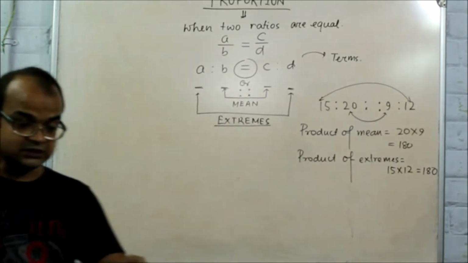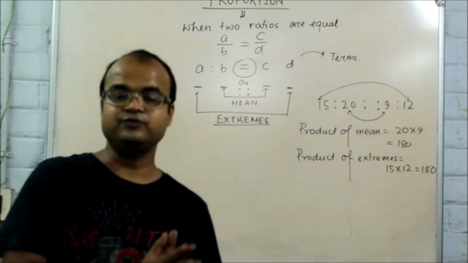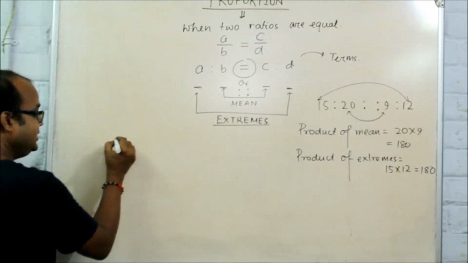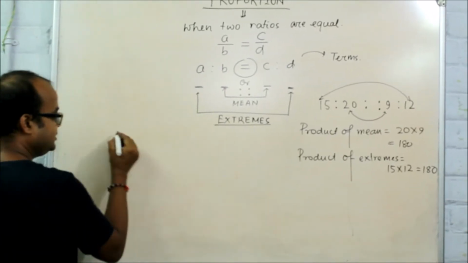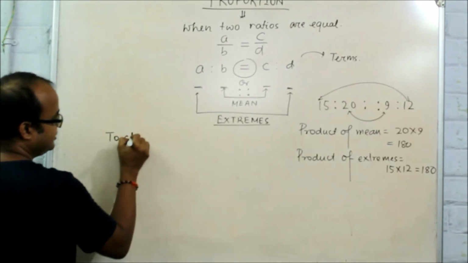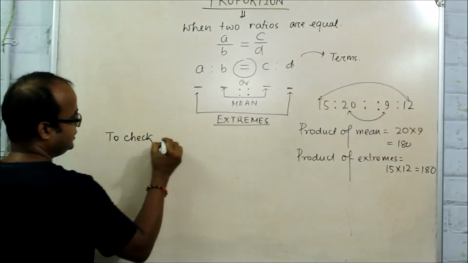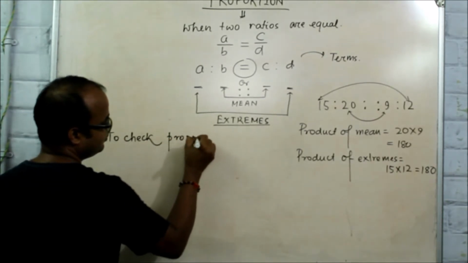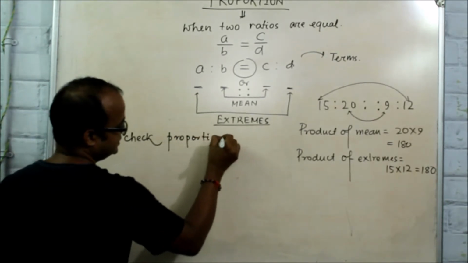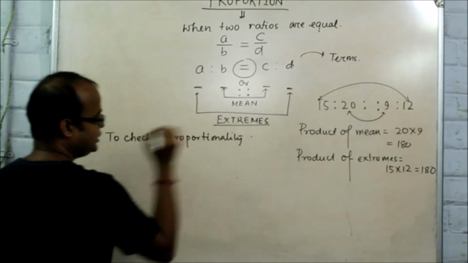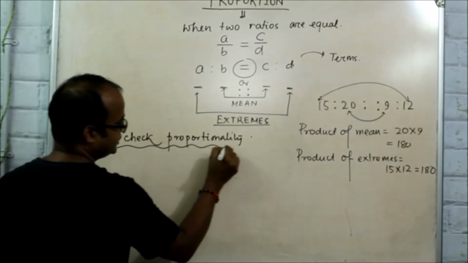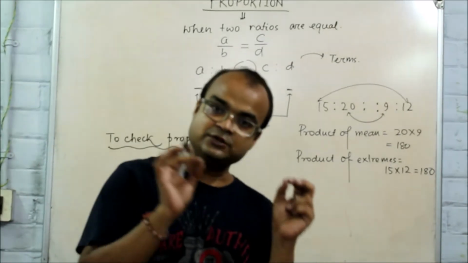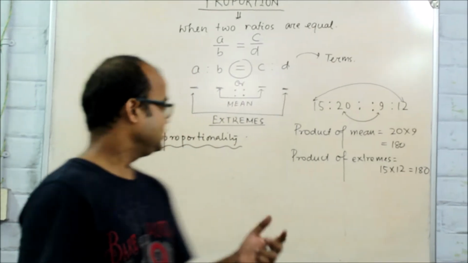So the first condition we learned from our discussion is to check proportionality. That means the question is asked whether a relation is in proportion or not.